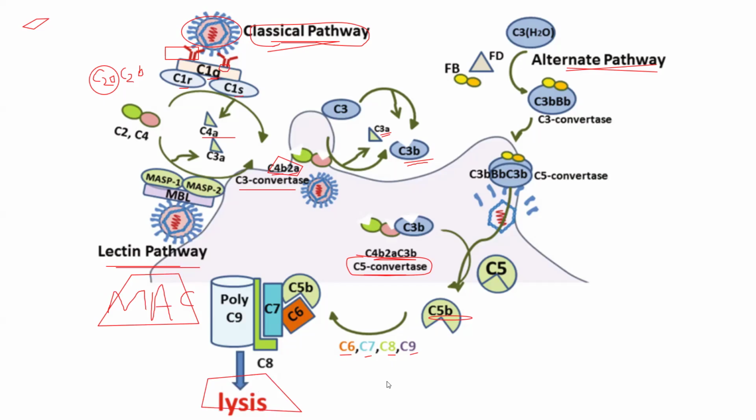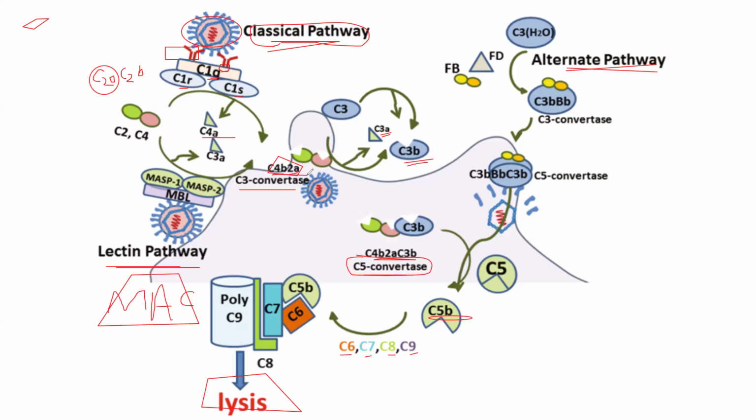So the first pathway, as we discussed, is the classical pathway: the pathogen enters, the antibodies already there combine with it, and there is a change in the Fc part, which combines with C1q, C1r, and C1s. They act as an enzyme on C2 and C4 and cleave them into C2a, C2b and C4a, C4b.